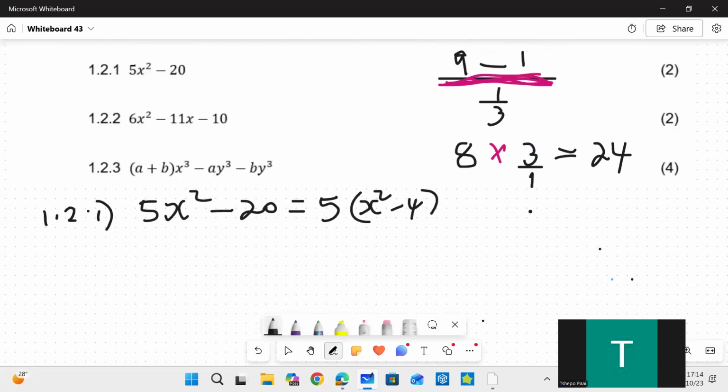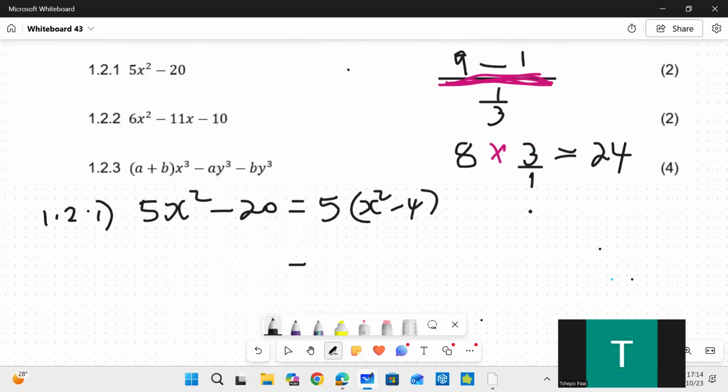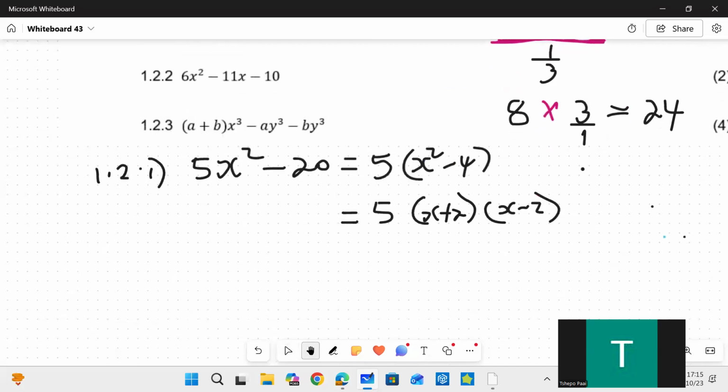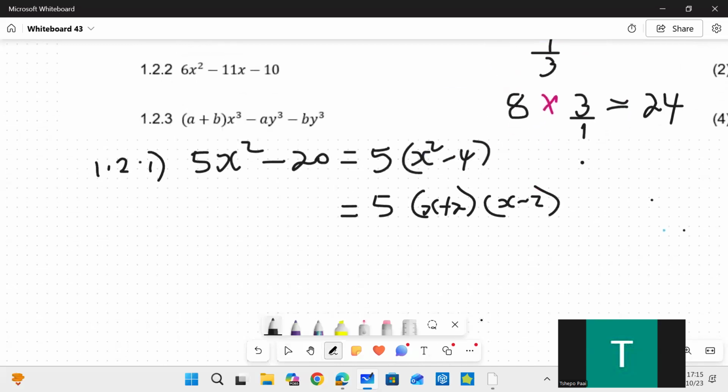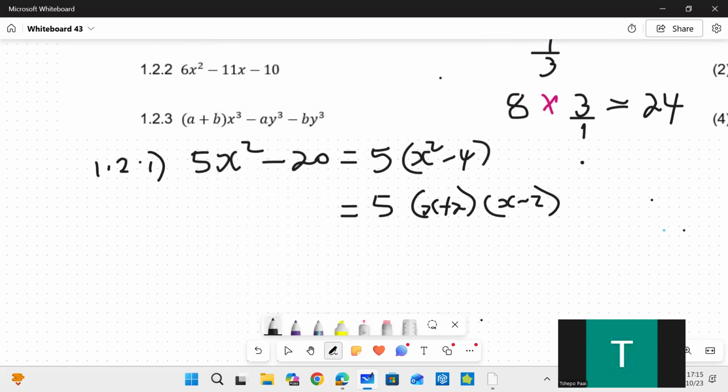Then moving on, we factorize x squared minus 4. It's x plus 2, x minus 2. So that is your final answer for 1.2.1. Moving on now to 1.2.2. Now let's see.